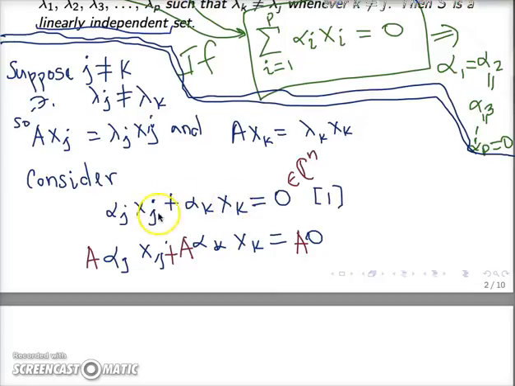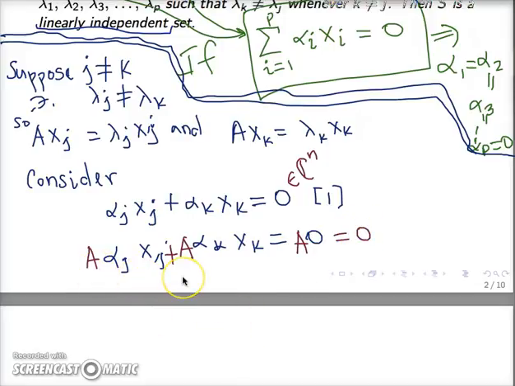So I multiply on both sides of this vector equation by the matrix A on the left side, in each term on the left side, multiplying this linear combination by A. Then I end up with these terms here. This is very simple. The matrix times the 0 vector is the 0 vector.